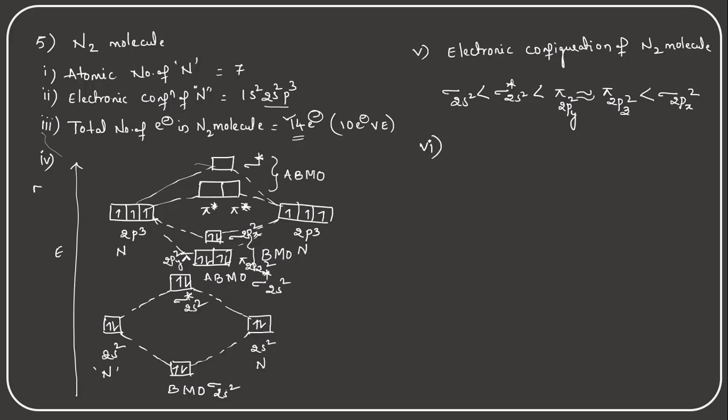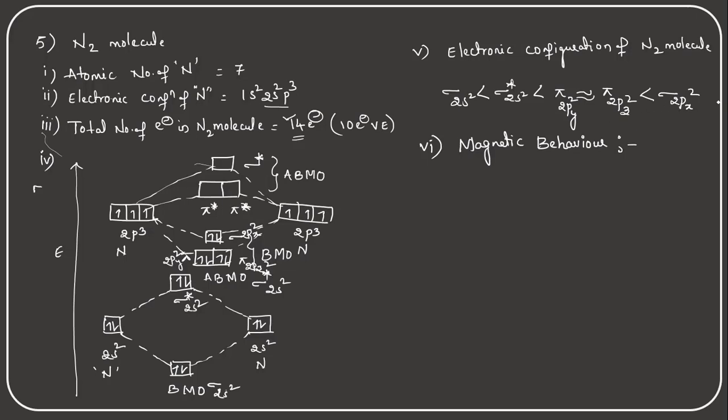And the sixth point, what is it? Are there any unpaired electrons? We have to write the magnetic behavior, right? Magnetic behavior depends upon the number of unpaired electrons. If any unpaired electrons are there, the substance is considered paramagnetic. When placed in an external magnetic field, it will be attracted by the field.